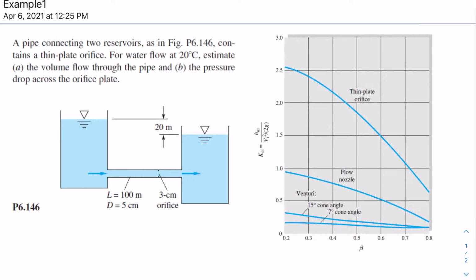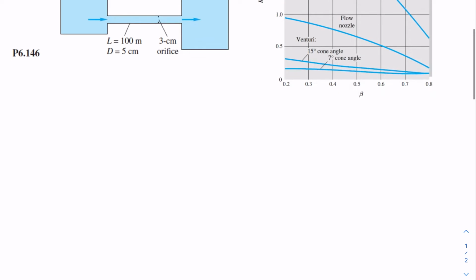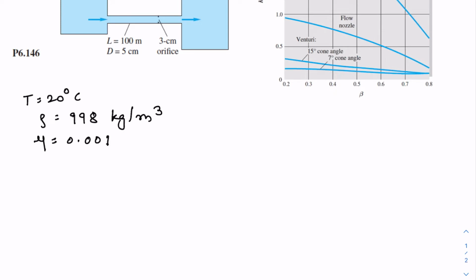Since we are given the water temperature to be 20 degrees Celsius, I'll just write the properties of water. The density of water is 998 at 20 degrees, and the viscosity is 0.001. So these are the knowns.